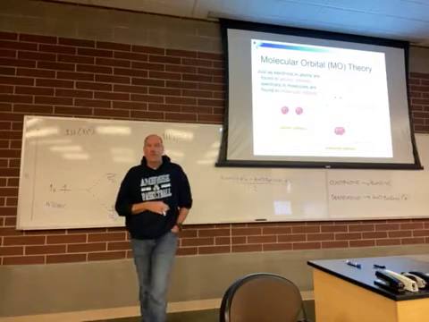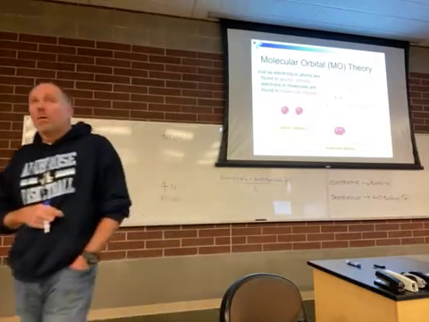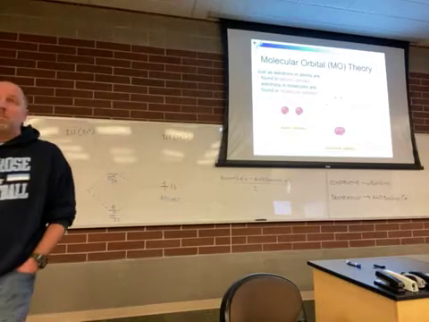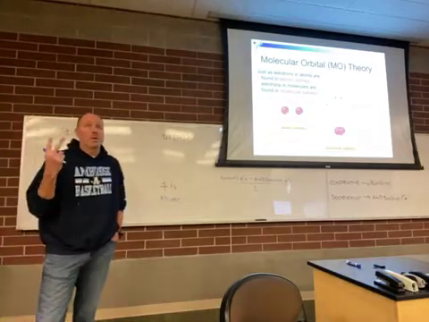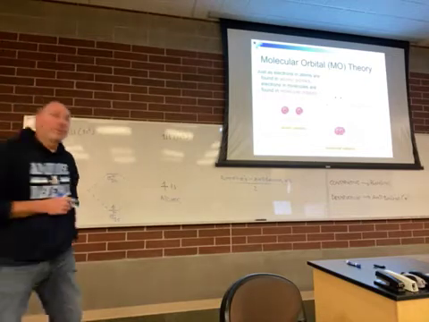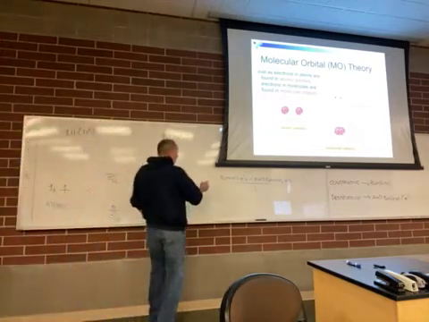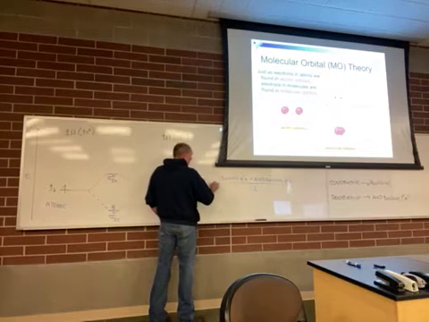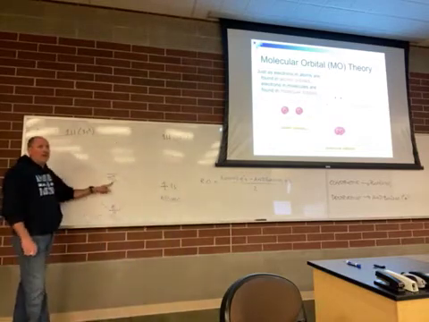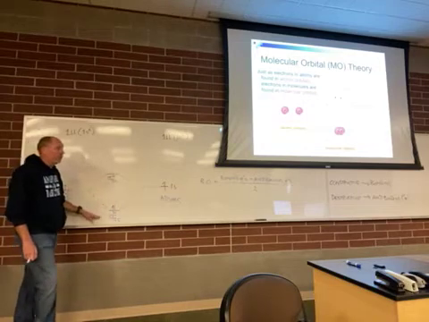Okay? That's very important. I talked about bond order last Friday. Single bond has a bond order of 1. Double bond has a bond order of 2. Triple bond has a bond order of 3. So if bond order equals bonding electrons minus anti-bonding electrons divided by 2, notice this.